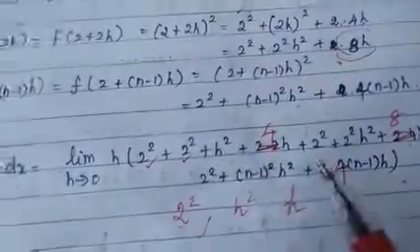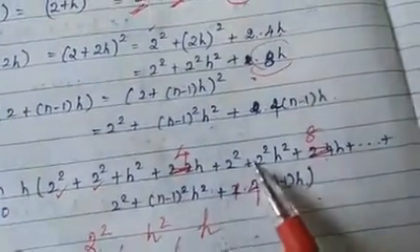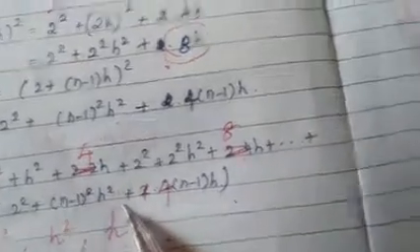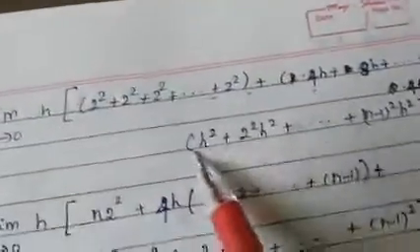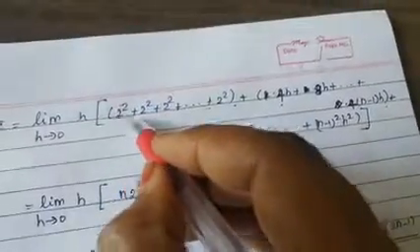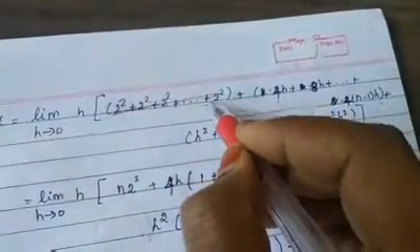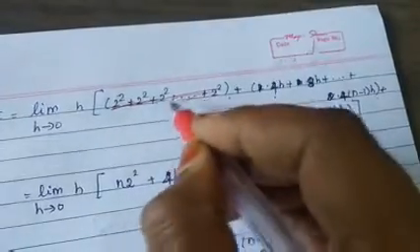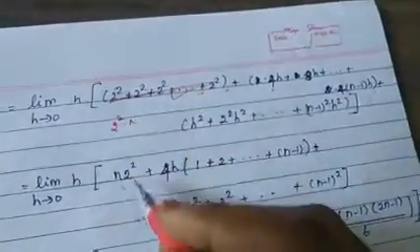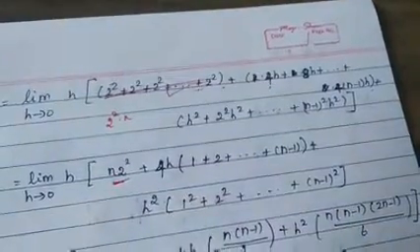The next one is the h squared term: h squared, 2 squared h squared, up to n minus 1 the whole squared into h squared. Now the next step: how many times is this repeated? It is repeated n number of times. I am not striking it out, it is repeated n number of times. Therefore 2 squared into n. Therefore you will be getting this result.